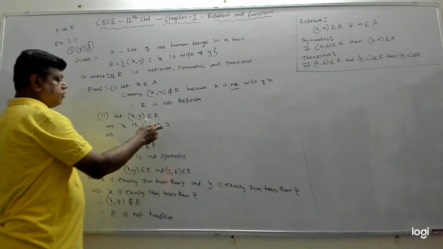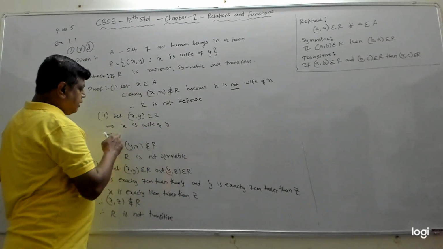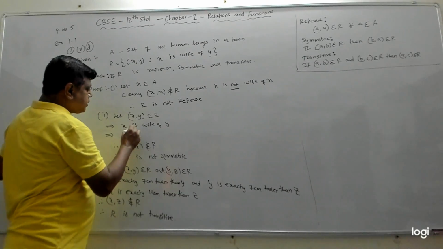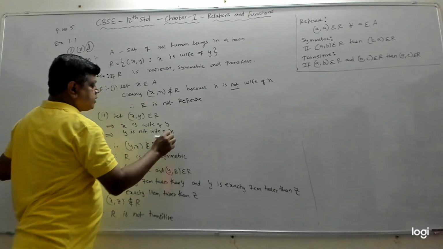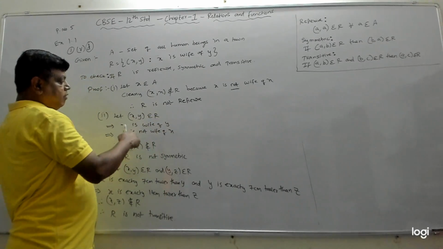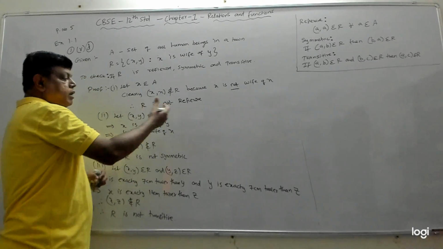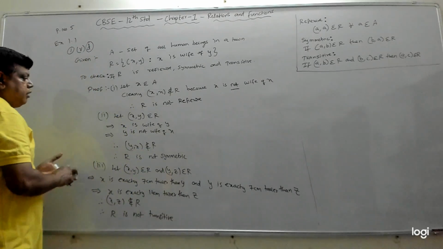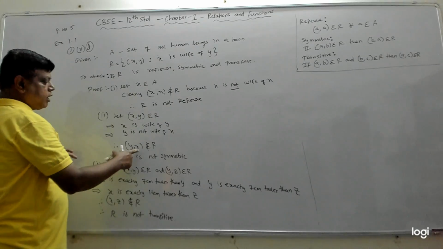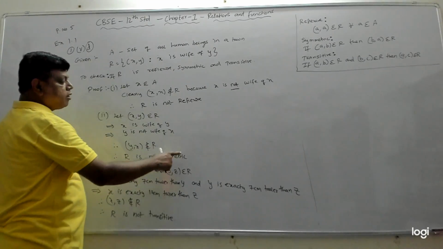Now X is a wife of Y. This implies obviously Y is not wife of X. Y will become husband of X, right? Y is not wife of X. Therefore, Y comma X does not belong to R. Therefore, R is not symmetric.